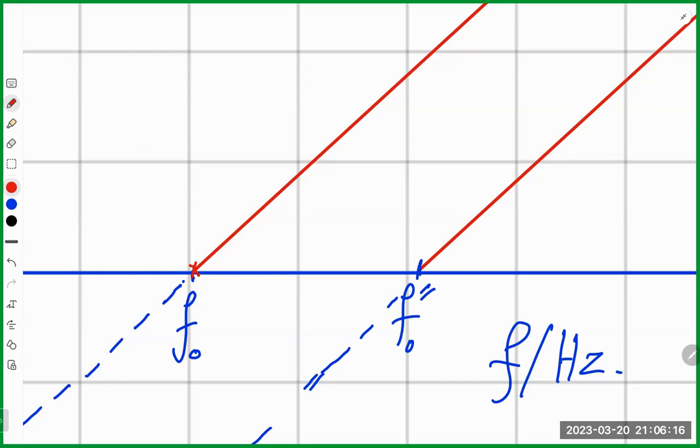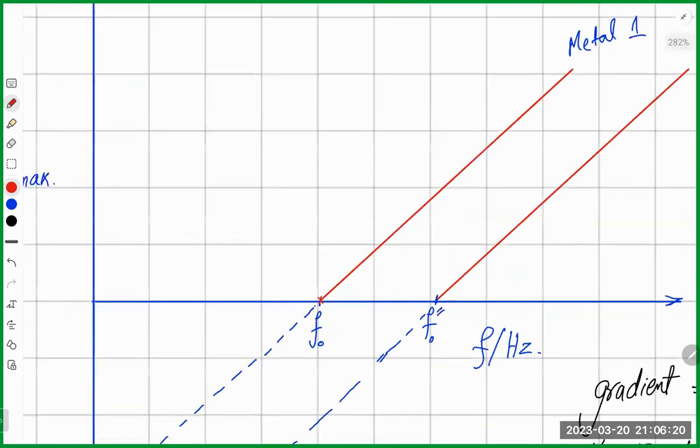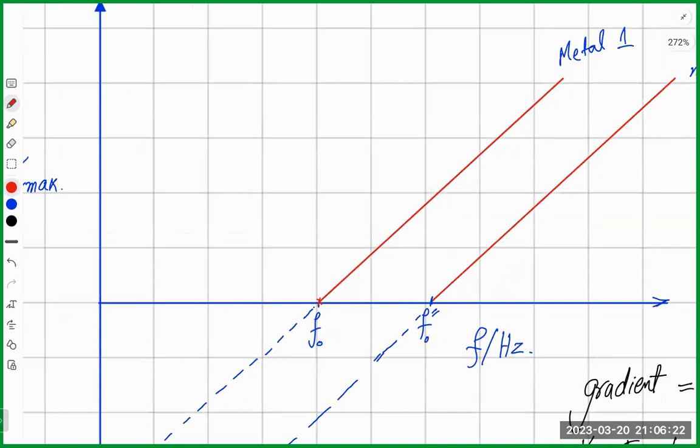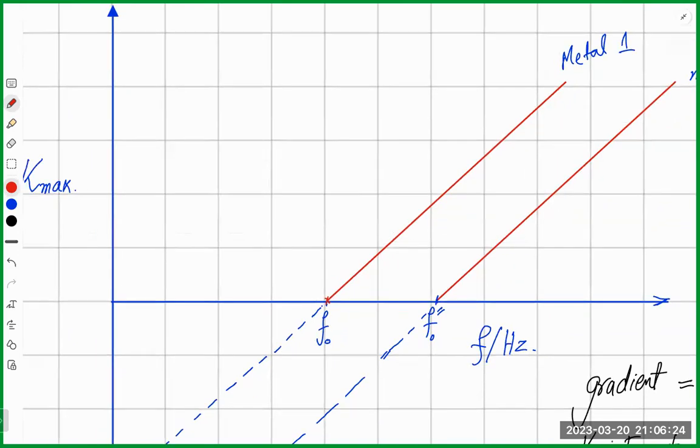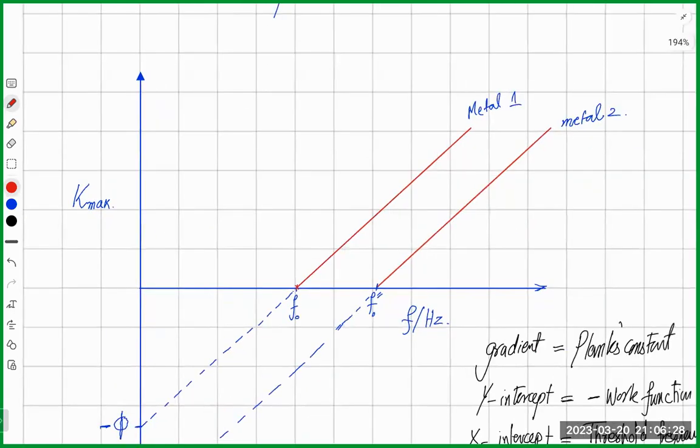If you increase frequency beyond the threshold frequency, electrons come out with a range of kinetic energy. Every metal has its own threshold frequency, which can be used as a signature of the metal. Every metal has a specific discrete number as its threshold frequency.